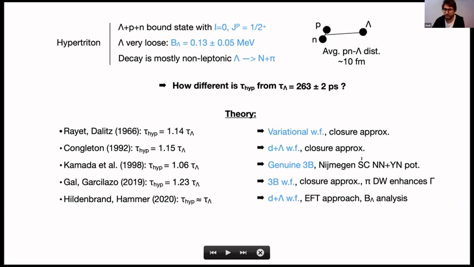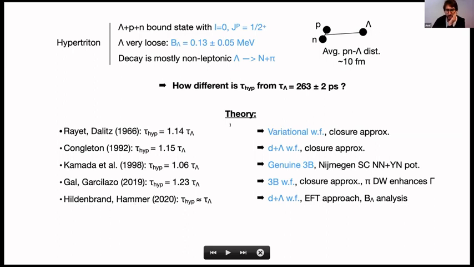In that calculation, the input realistic potentials were the Nijmegen soft core NN and YN potentials, which are realistic, but they don't do so well in hypernuclei, starting with A=4 already. Then we had this nice EFT approach in the last talk.